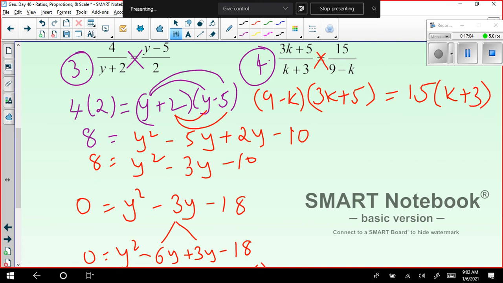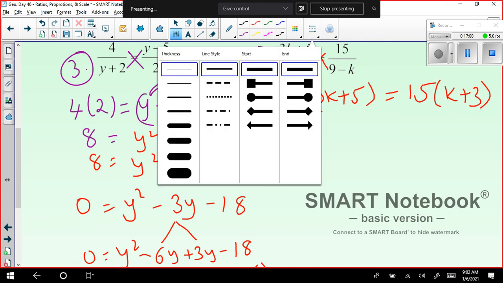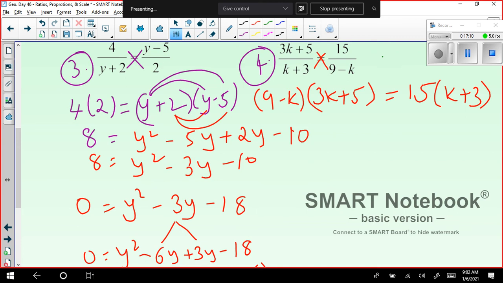Let's use a different color so that we are not confused. First multiply 9 with 3 and 9 with 5. 9 times 3 is 27, so 27k, and 9 times 5 is 45, so plus 45.